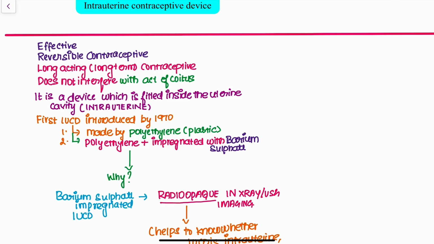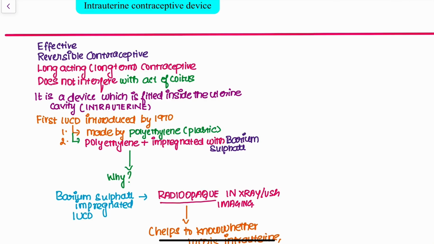Which means that, see, there are certain contraceptives which we have to renew every month. For example, we have contraceptive options like the depot medroxyprogesterone acetate injection, which has to be taken monthly, right? And similarly, with barrier contraception, we discuss the male-female condom and diaphragm. During every act of coitus, the intending couple has to wear it.